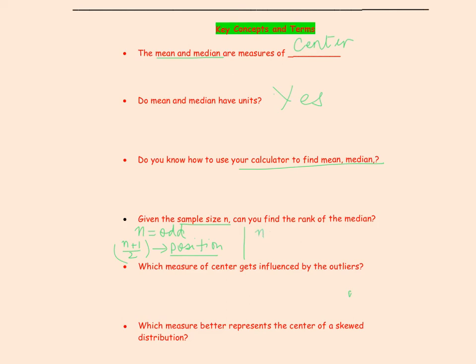If n is even, then remember that there are two middle numbers in the data set. So what we need to do is locate the two middle numbers and then take the average of them, and that would be the median. So take the sample size divided by 2, and that gives us the first middle number.